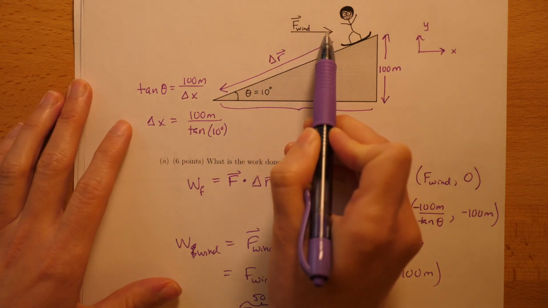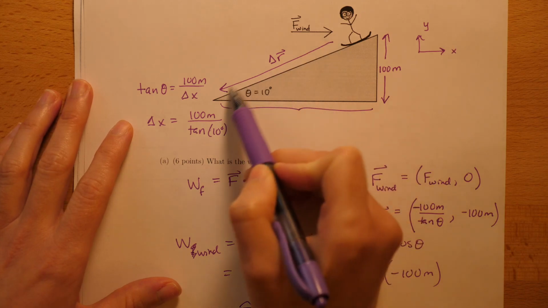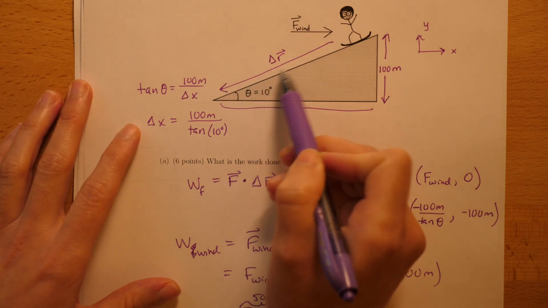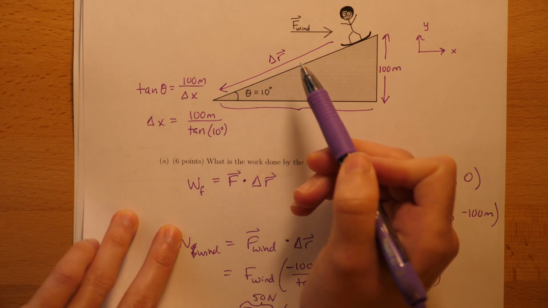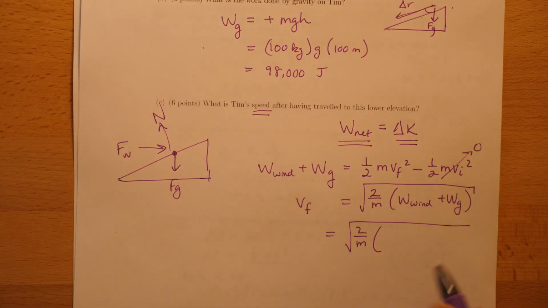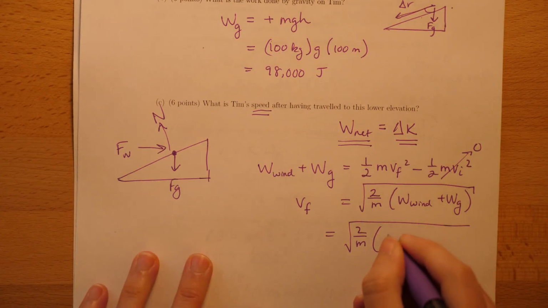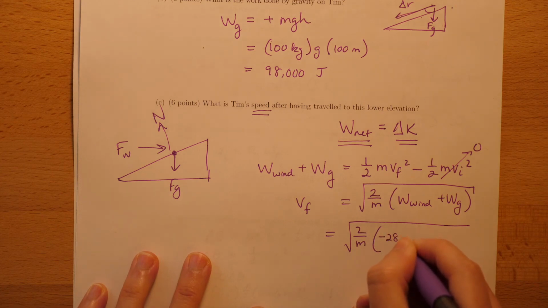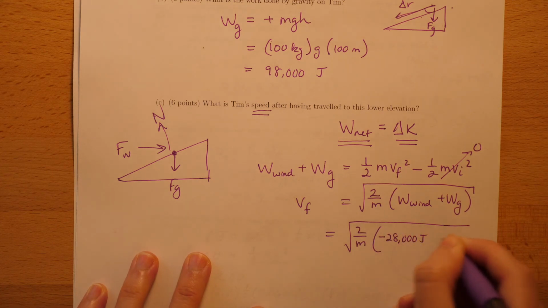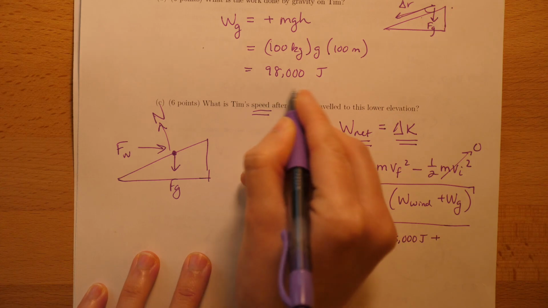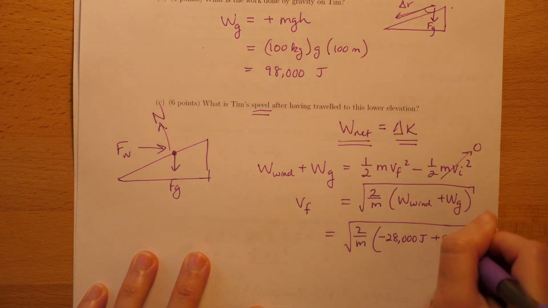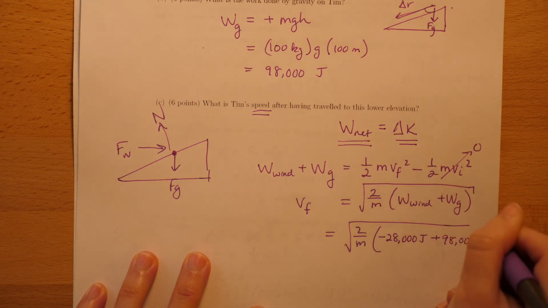The force is in the opposite direction to the delta R, so the cosine of the angle there should be negative. So the work done by the wind is minus 28,000 joules, and the work done by gravity was a positive 98,000 joules.